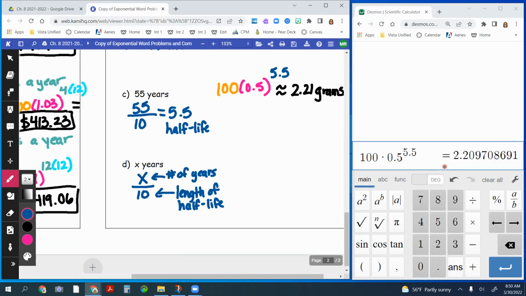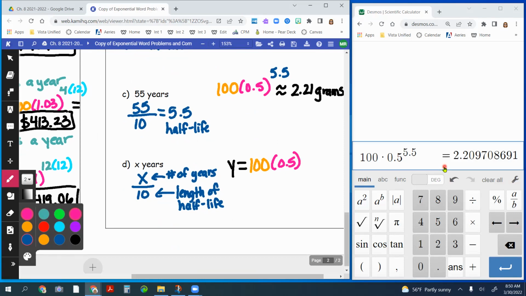So when we're writing an equation for this, we're going to get y equals our initial value that we start with, which is 100. Every time we're doing half-life problems, you're always multiplying it by 1/2 or 0.5. And this is going to be raised to x number of years over 10. That is our equation.